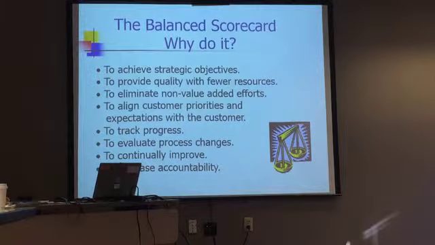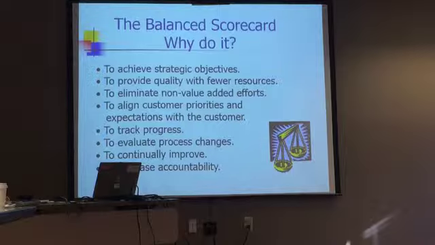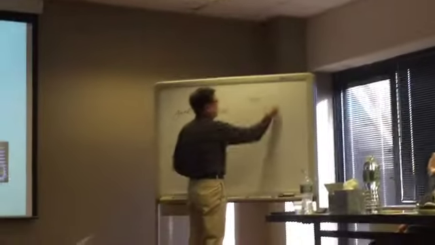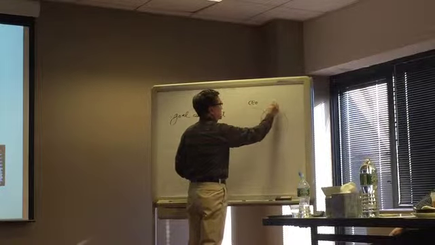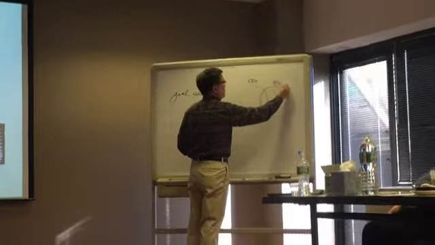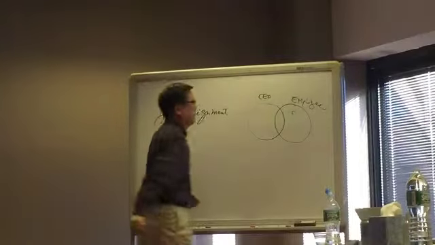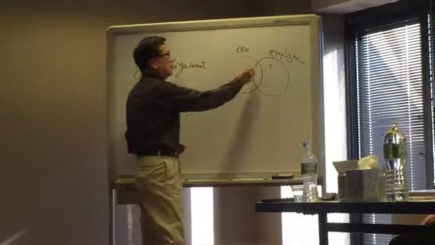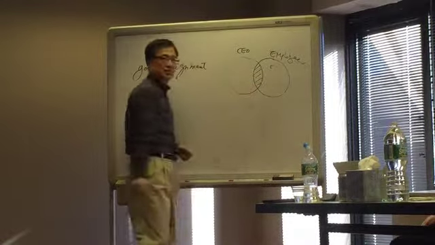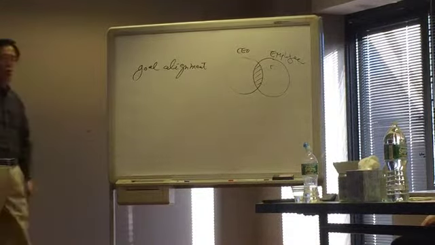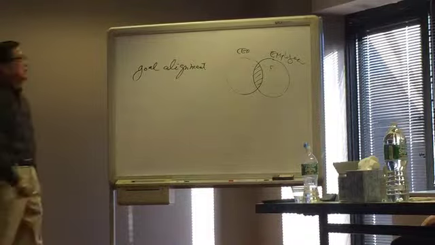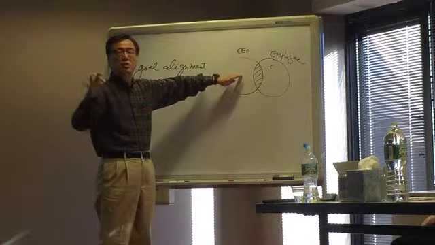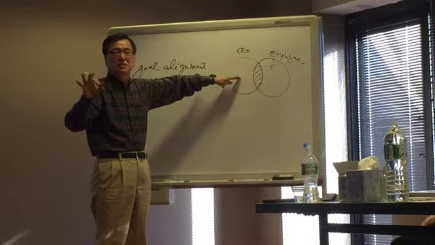Why stock options? Well, stock option is this. The CEO, top management, and this is the employee. They don't have much goal alignment. Why? The CEO has a 1 year or 2 year, a few years of appointment.